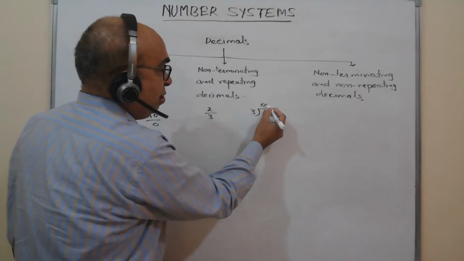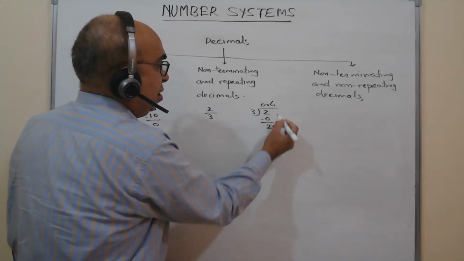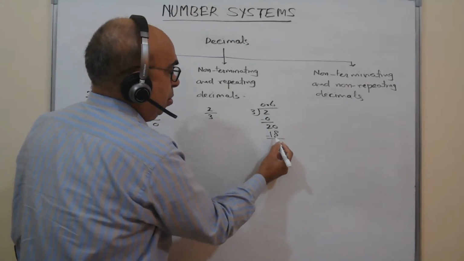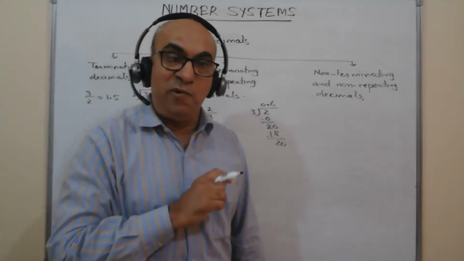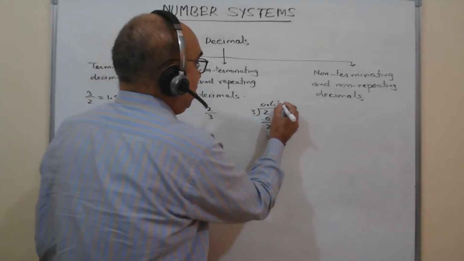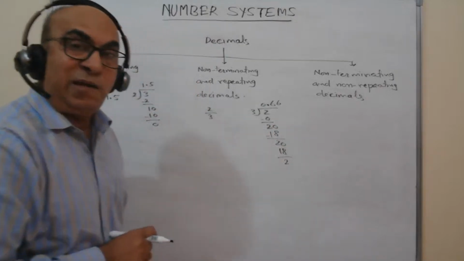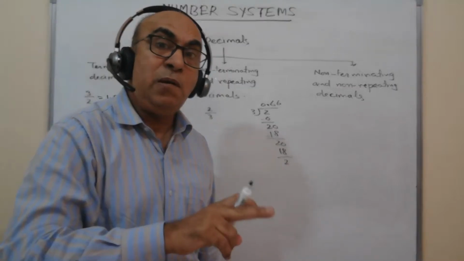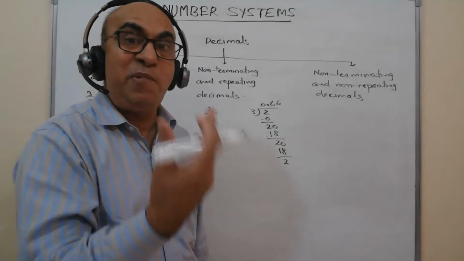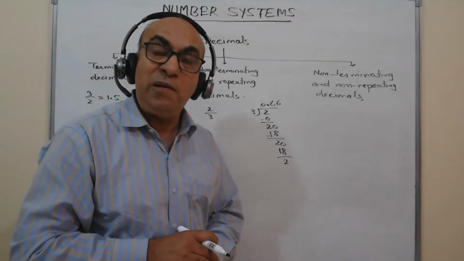Then there is no digit, so put the decimal, then you can copy 10, 3 sixes are 18, then again 10; in every step you can write 10. Now 3 sixes are 18. See, again and again we are getting the same remainder. It means it is non-terminating but repeating, because you are getting the same remainder continuously.